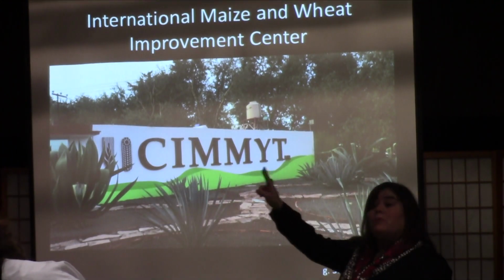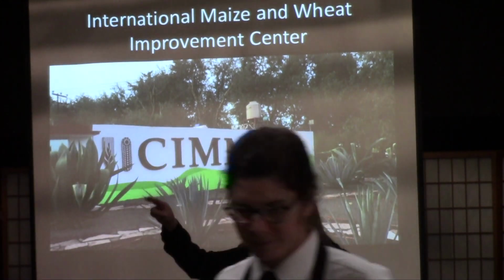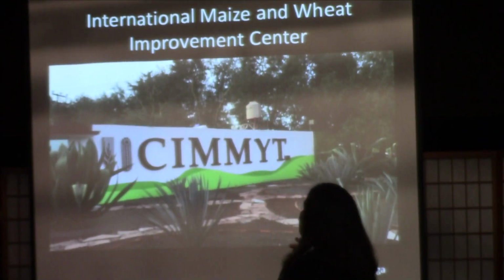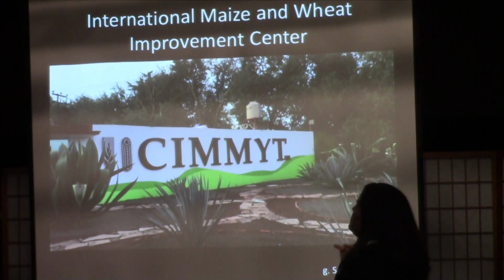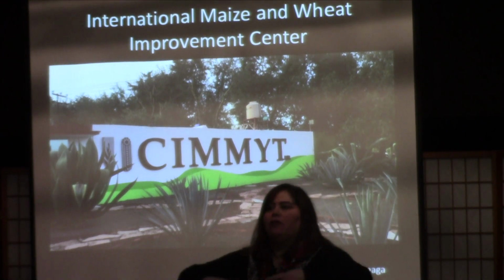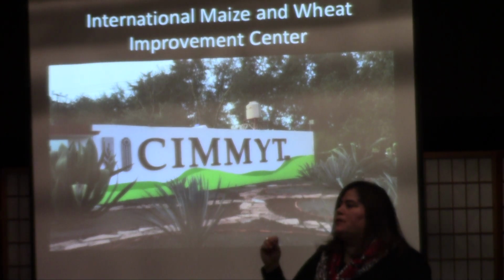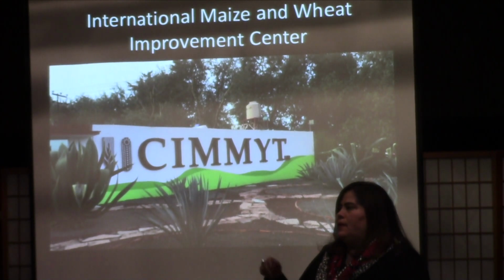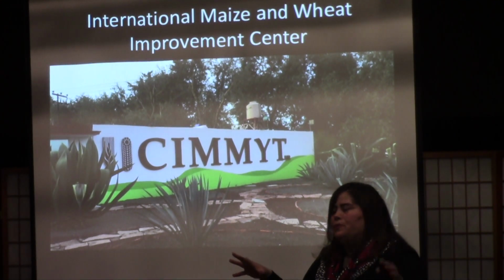In the South, do you remember that second research station from the 1950s, is the headquarters of the International Maize and Wheat Improvement Center, which is part of the CGIAR, some of you may have heard, consortium of research on wheat, corn, and rice that has research stations around the world.